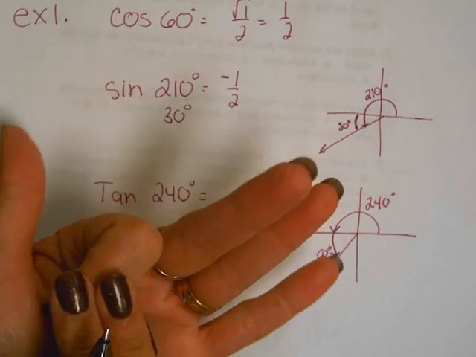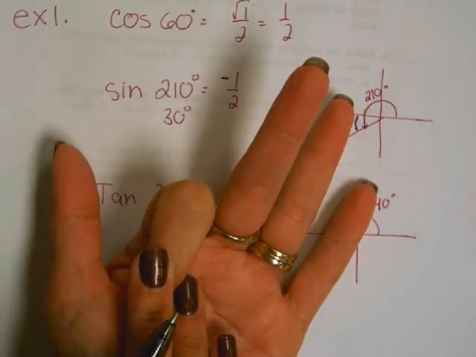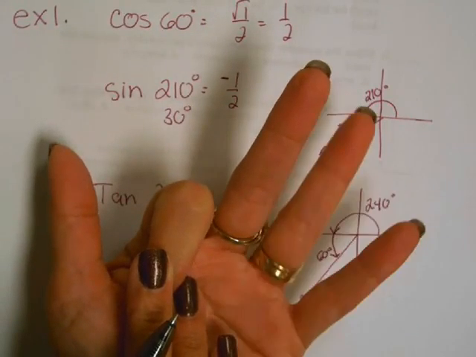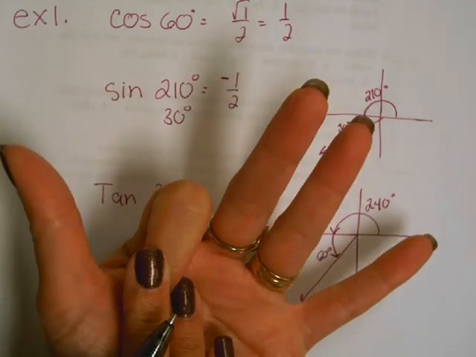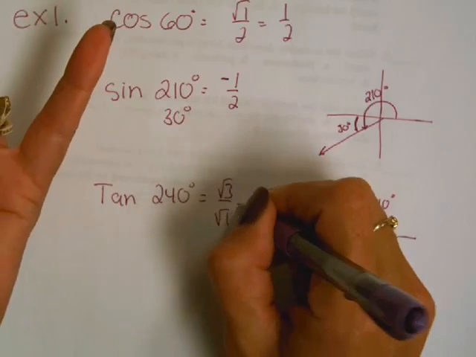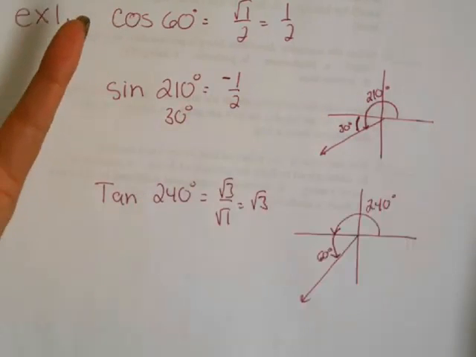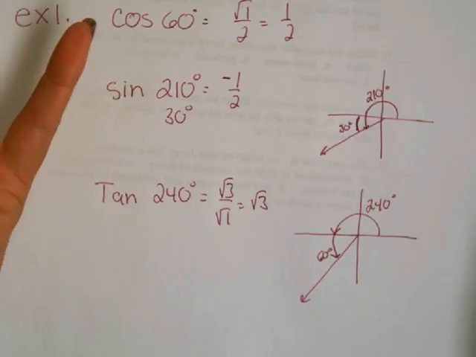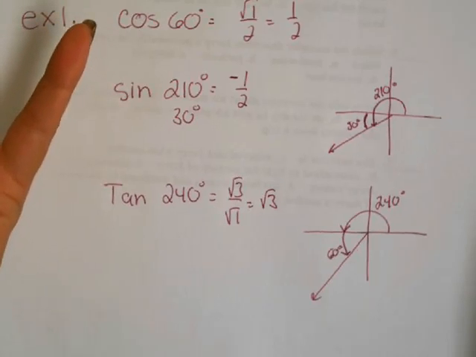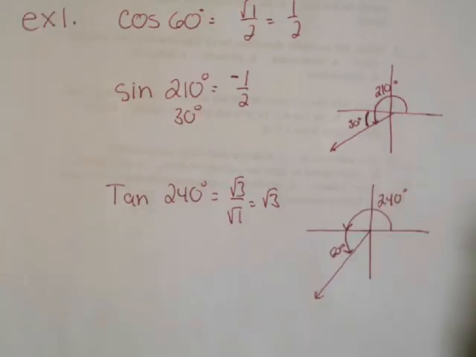So the 60 is here. How do we get tangent off of this ordered pair? Y over x, so square root of 3 over square root of 1, which is square root of 3, but now should it be positive or negative in quadrant 3 with tangent? Because it's a negative y over a negative x, it's going to give you positive.